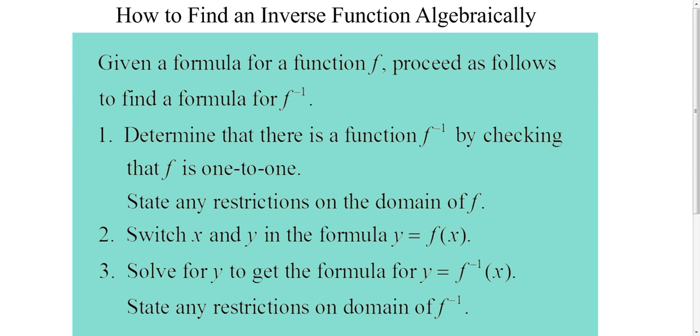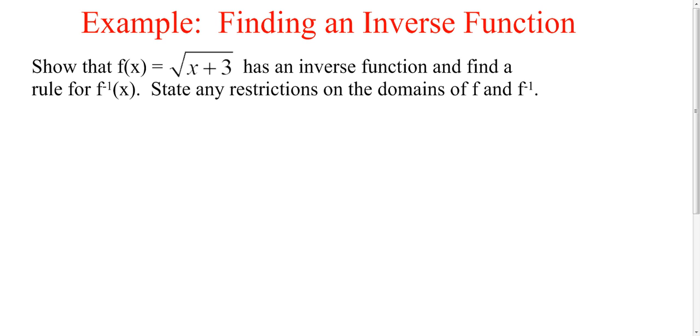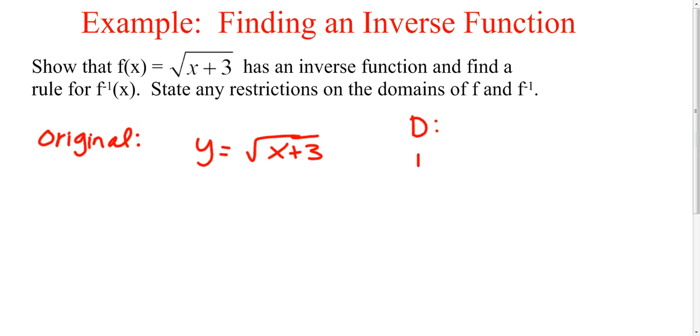All right, and we're going to do one more where we have to find the inverse and think about the restrictions, okay? So again, my original function is basically y equals the square root of x plus 3, okay? Important to pay attention to what the domain and the range are on your original function.